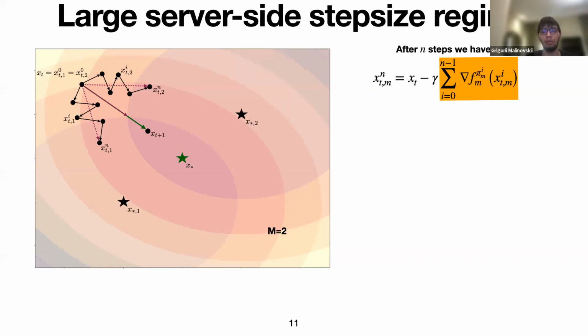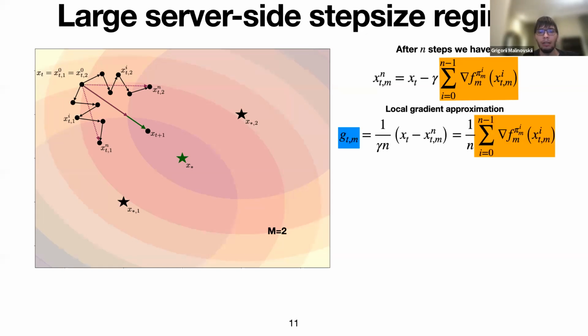And using this point, x_{t,n}^m, we can form a local gradient approximation for each client. If we put the definition of x_{t,n}^m, we can see that our gradient approximation is just the average of permuted gradients, but evaluated in different points.